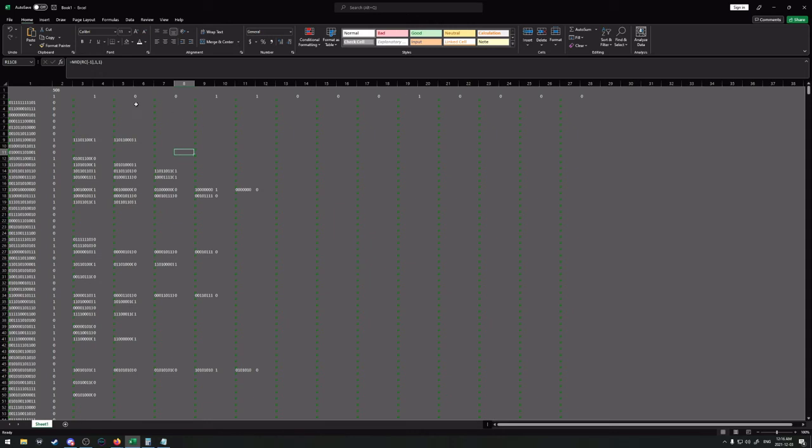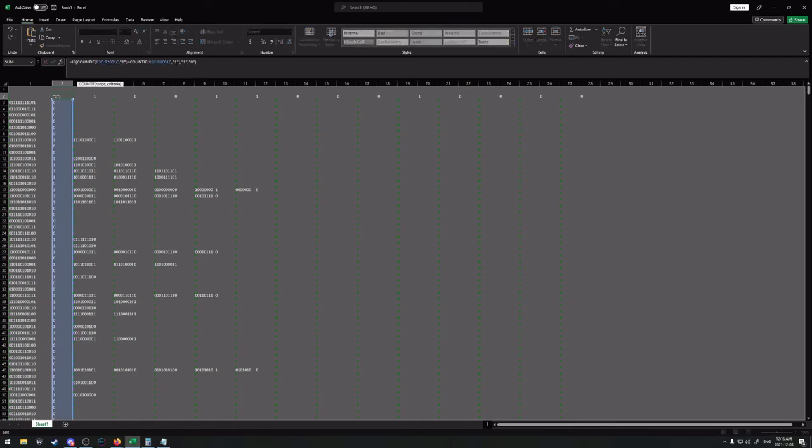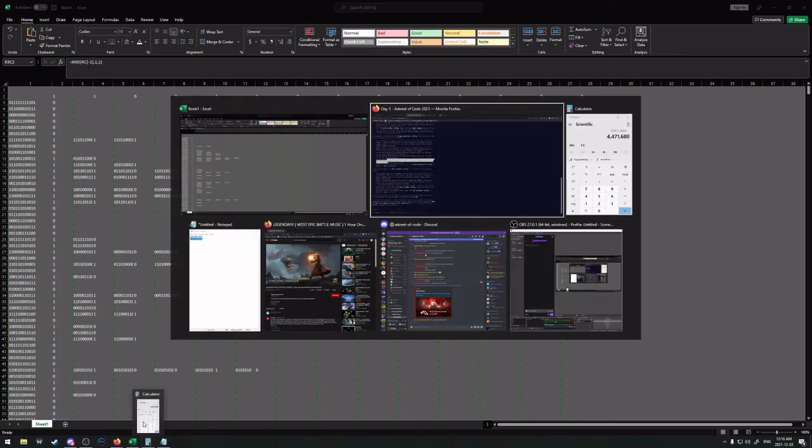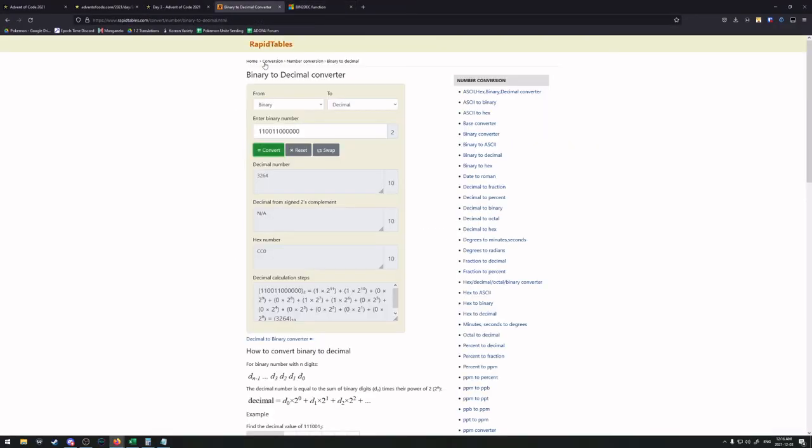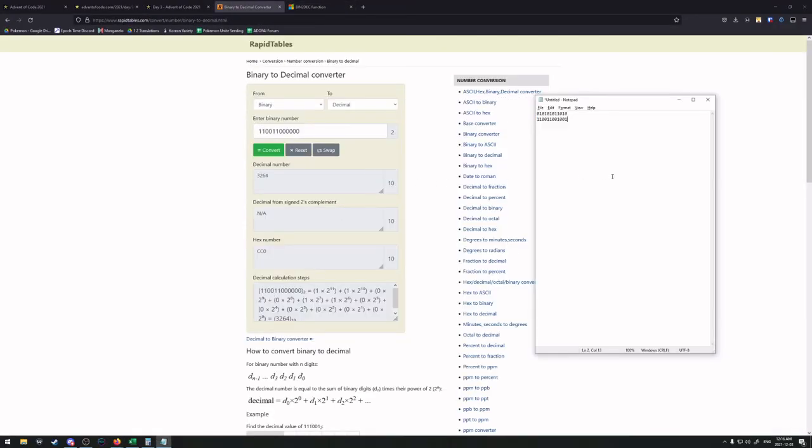I don't see the issue here. So maybe the screw up was in me doing the next part. So maybe my second number is right, 3264, but the first one is wrong.